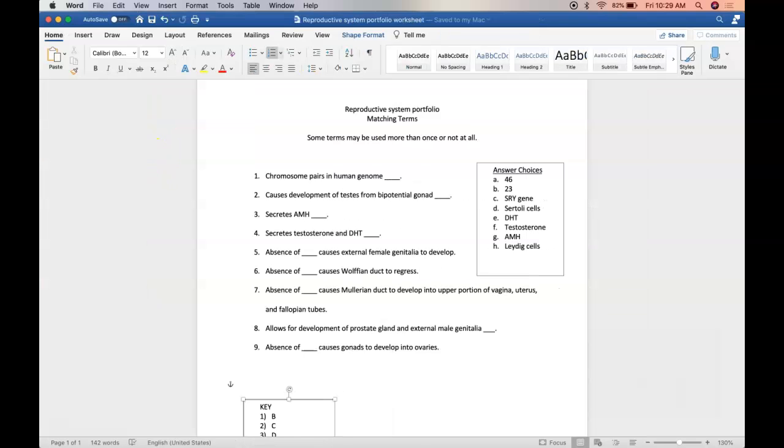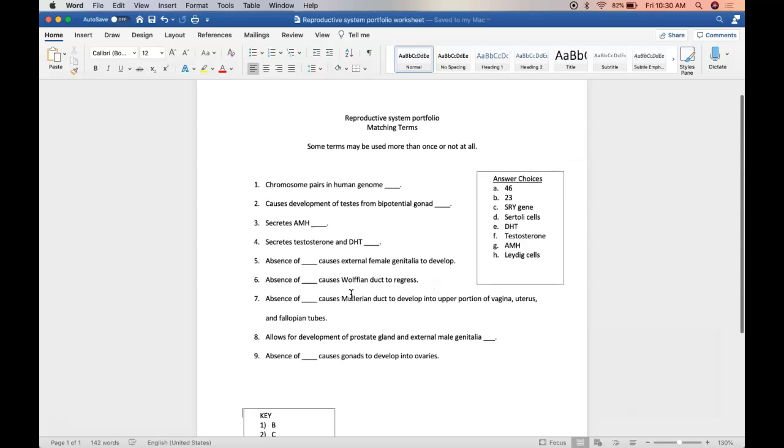This is just matching terms to the function. The key is below. Chromosome pairs in a human genome, that's going to be answer choice B. There's 23 pairs with 46 chromosomes total. Number 2 is the cause.